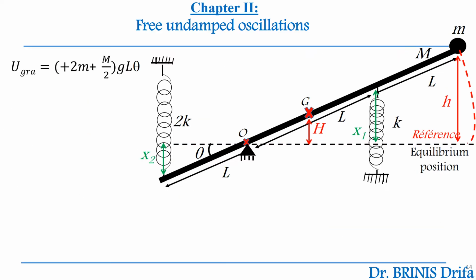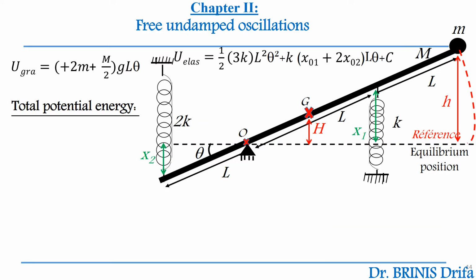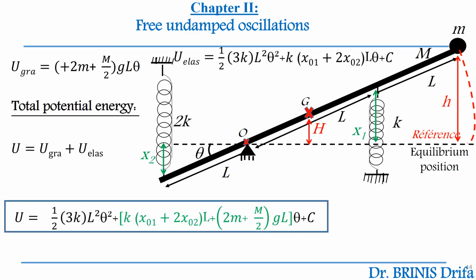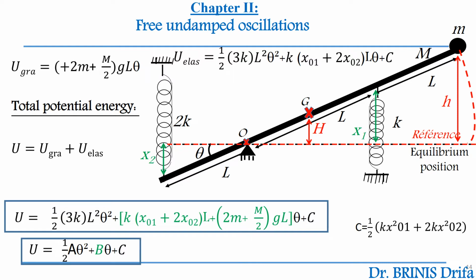For U gravitational plus U elastic, U total, we have this expression. You see it's the same thing. U total is a term A theta square plus B theta plus C. It's the same remark. The half A theta square is the term needed for oscillations.